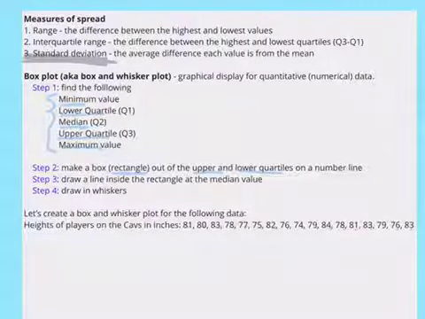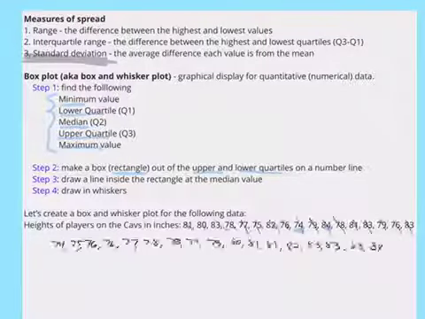The first thing we need to do is arrange this data in an ordered list going from least to greatest. So let's take a moment to go ahead and do that. I can see that my lowest height here is 74 inches, and it looks like my highest height is going to be, I think, 84 inches.